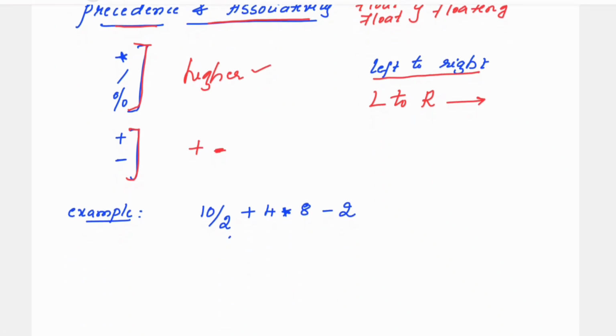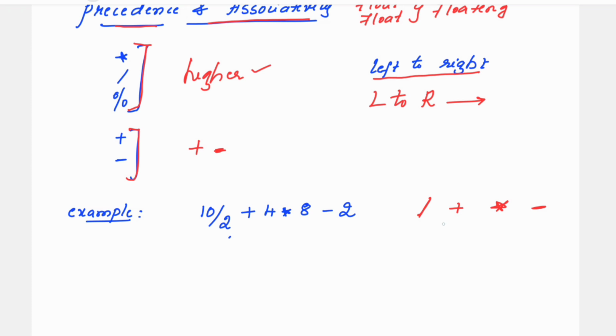To understand this, I have given one example here. We have 10 divided by 2 plus 4 into 8 minus 2. Now if you look here, we have the division operator, plus operator, and 4 operators are present in this expression.